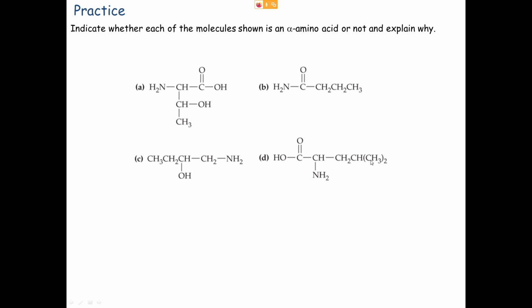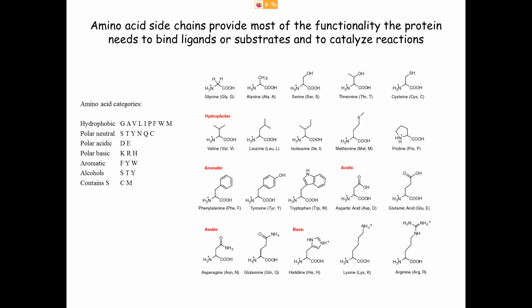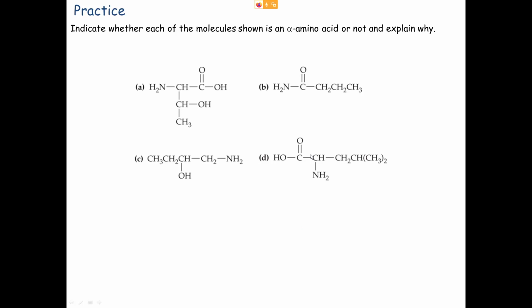What amino acid would that be? Leucine? It's leucine, exactly. So it's the 2 carbons and then it splits, right? So this is leucine. It's okay, you're still learning them, but I want you to recognize what is and is not an alpha amino acid first. And then we'll apply it to our 20 common ones after that.